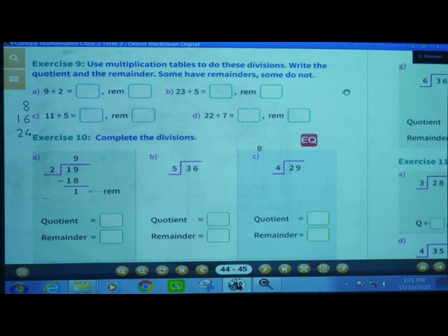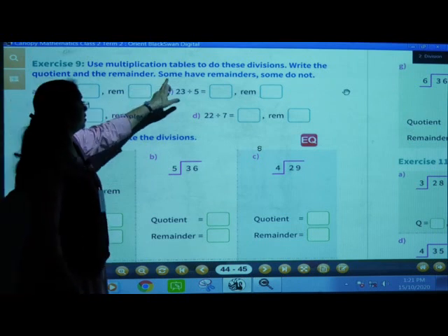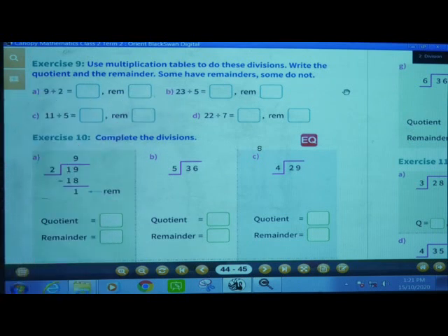Use multiplication tables to do these divisions and write the quotient and the remainders. Some have remainders and some do not. Okay. So, first one, 9 divided by 2.